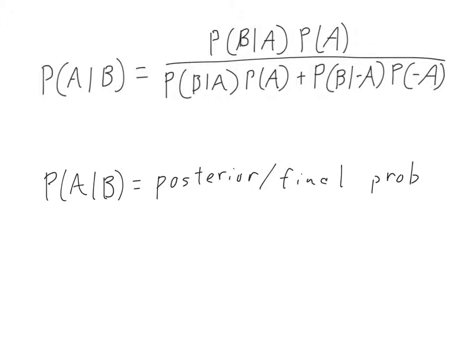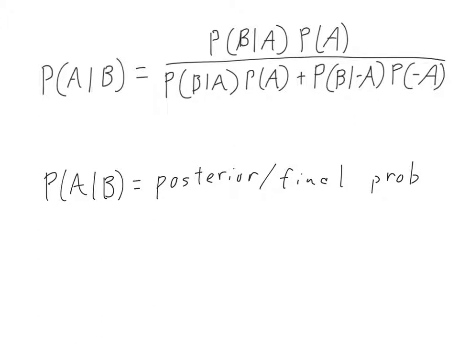The reason we give it this name is that it's saying, okay, I have some hypothesis A. Whether it's you have a certain disease, or whether a certain theory in physics is true, etc. Whatever that hypothesis is you're testing, you're saying, what's the probability of that being true, given that you have some information, some experiment, some evidence B. It's ultimately designed to say, all right, I have some belief.